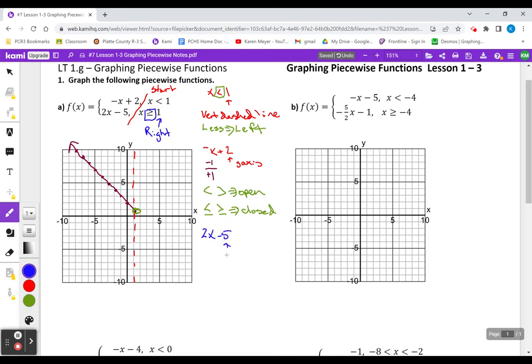So graph -5 on your y-axis. And then my slope would be +2 over +1. So up 2, right 1, up 2, right 1. And then I'm going to keep doing this to fill my paper.